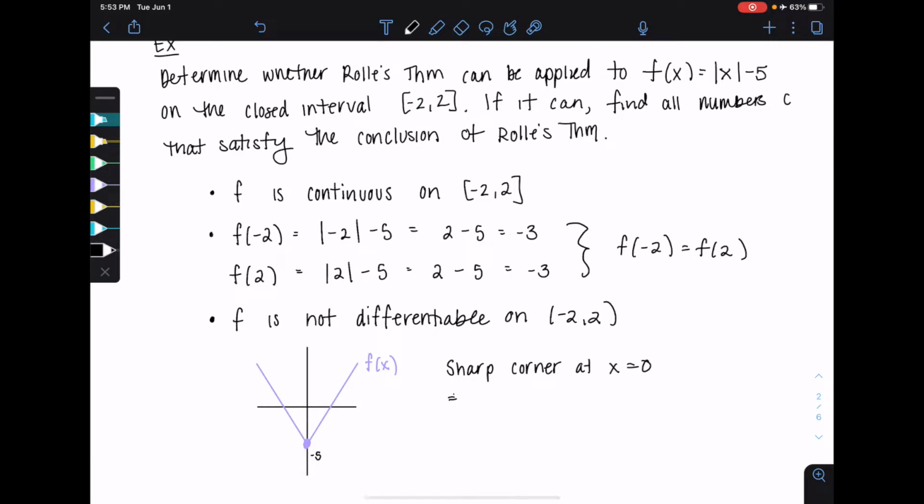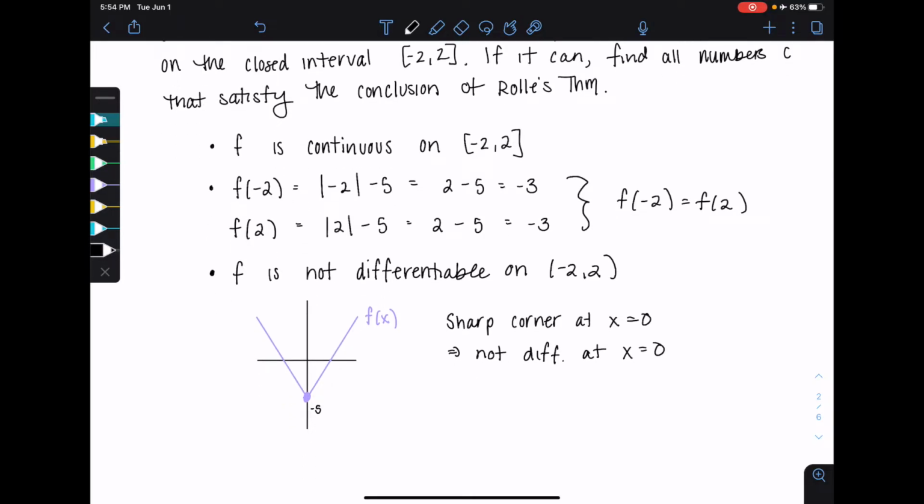So that means it's not differentiable at 0, and 0 falls in that interval from negative 2 to 2. So we fail this hypothesis. F is not differentiable in that interval. Because I fail one hypothesis, Rolle's theorem cannot be applied. So it only has to fail one thing to not be able to use Rolle's.